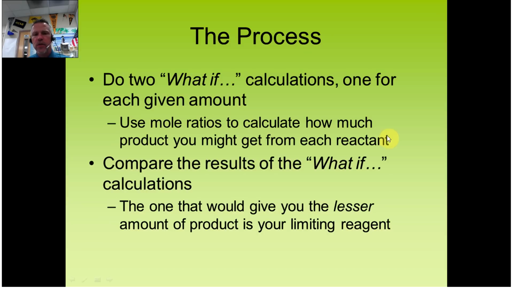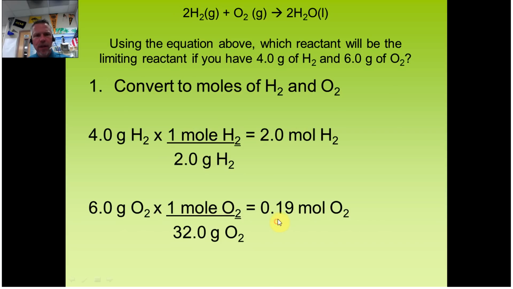We're going to use mole ratios to calculate how much of the product would be produced from each starting point. And then we look at the results of our 2 what-if calculations. The what-if calculation that gives us the lesser amount of product is the one that's limiting. That's the one that's going to run out first. So let's see how this example works out.